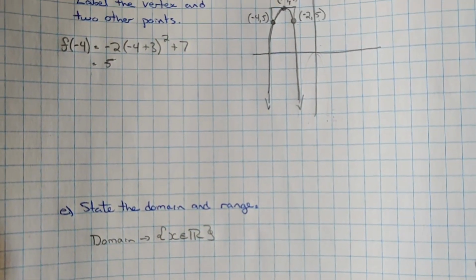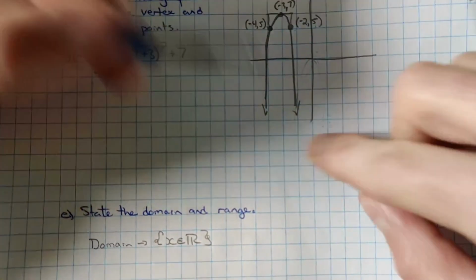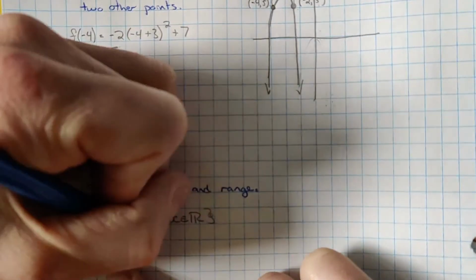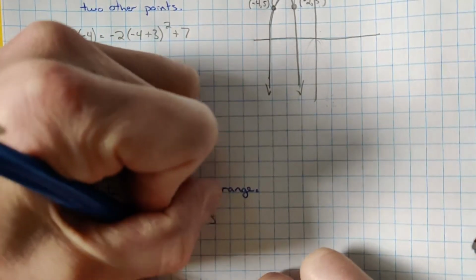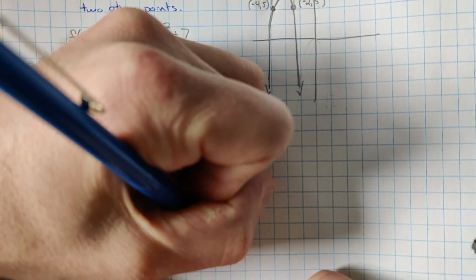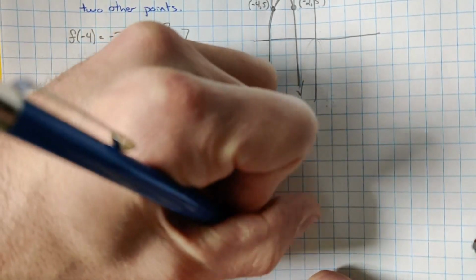And then our range, well, goes as high as 7 and then everything below that. So our range is going to be y belongs to the real numbers such that y is less than or equal to 7.